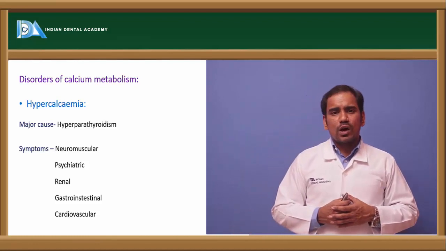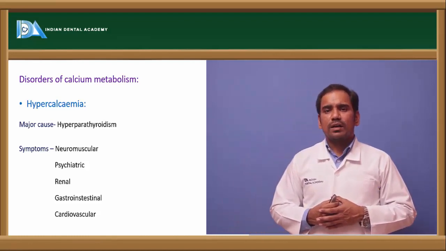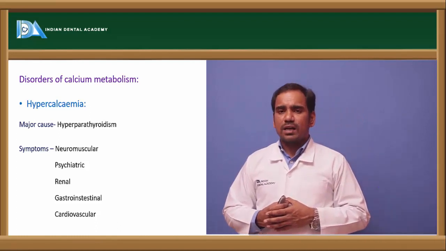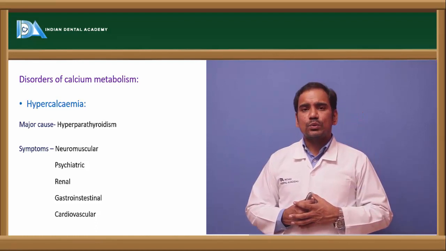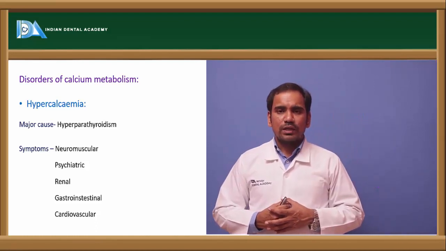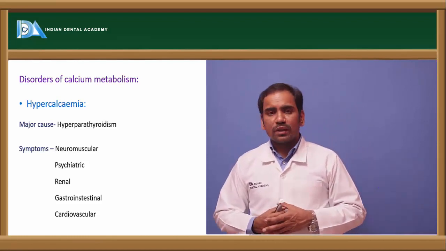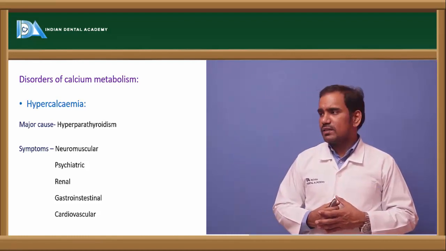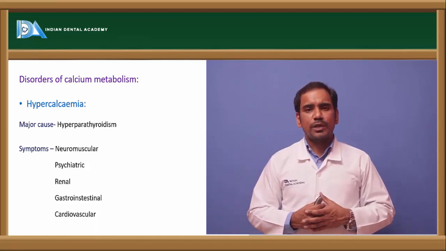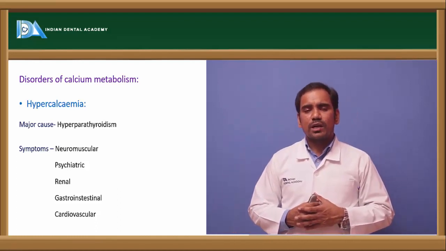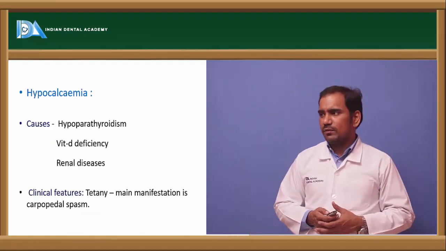Coming to cardiovascular manifestations, we discussed that whenever there is increased calcium, it affects the heart. In case of hypercalcemia, it leads to arrhythmias. That is the effect of hypercalcemia on the cardiovascular system. So this is about hypercalcemia: what causes it and what are the important features or symptoms of hypercalcemia.